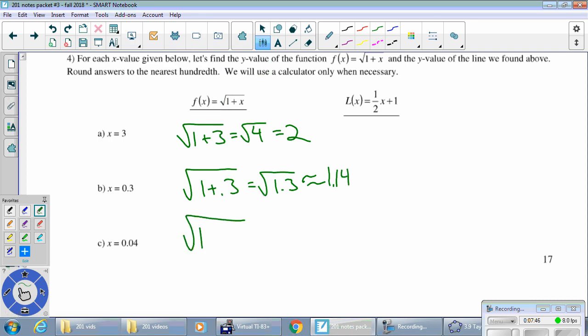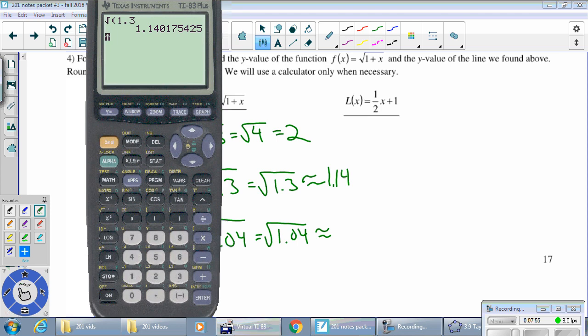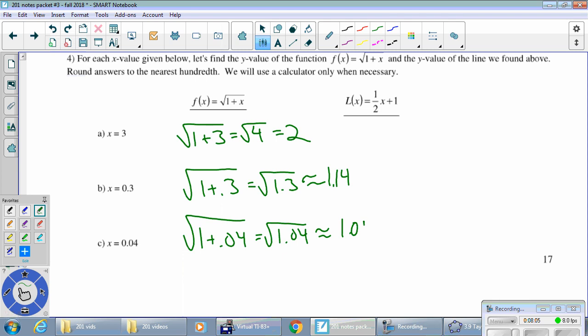So this is now square root of 1 plus 0.04, which is the square root of 1.04. And we'll type that one in and get our approximation. 1.02. I'm actually going to write a few more digits here. 1.0198. I think that's what we had.